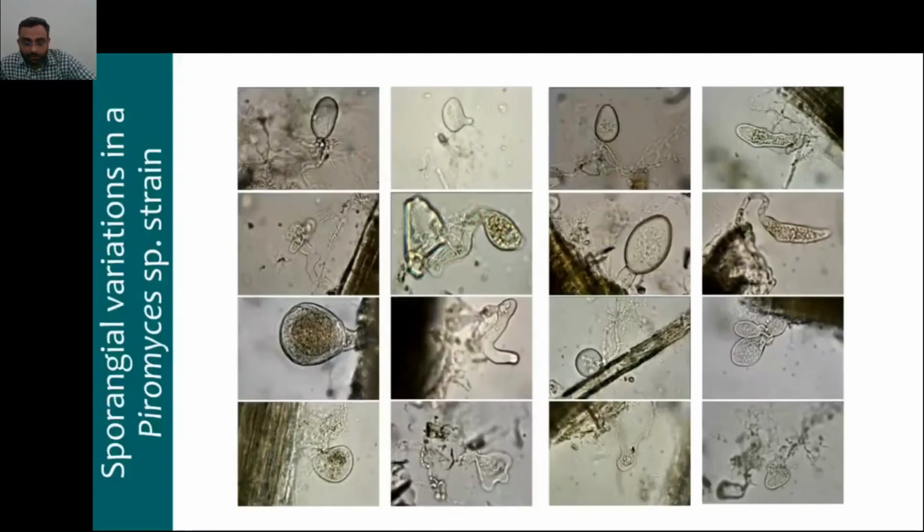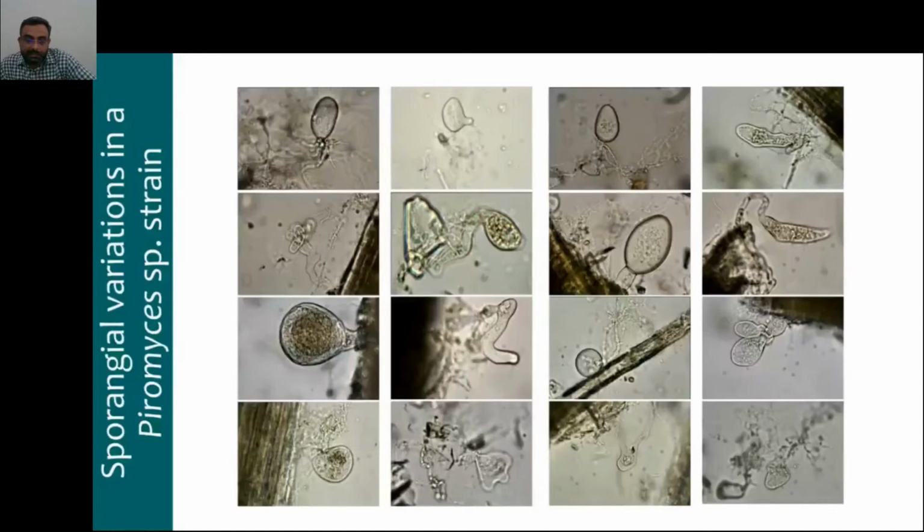They show a lot of pleomorphism in their sporangial shapes and sizes, and the structures are always varying, whether you grow them in the same medium or in a different medium. So here we can see this is the same strain grown in the same medium.